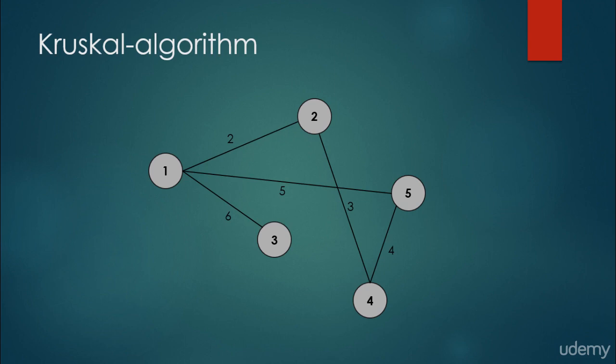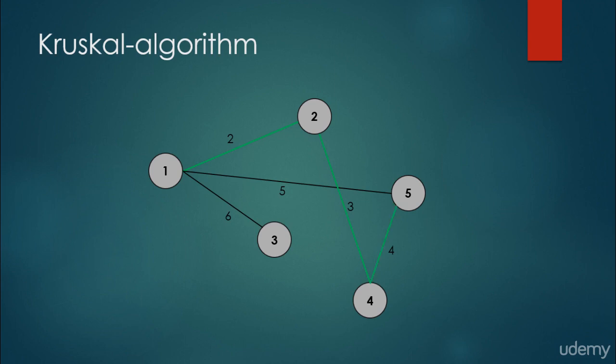We don't need a starting vertex, as we will have to define a starting vertex in the Prim-Jarnik algorithm. We just sort the edges, and the smallest is the 2, so we add it to the minimum spanning tree, and we check whether there's a cycle or not. There is no cycle, so we add it. The next smallest is 3. We have to check whether it forms a cycle, and it doesn't.